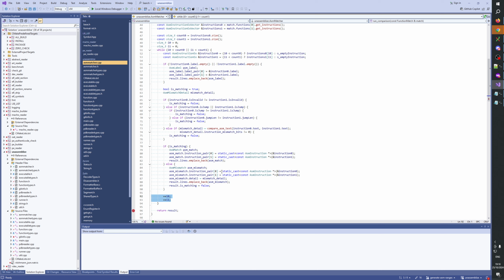So we look forward on both sides, and the side that has the earliest match will be the side that is being incremented here.